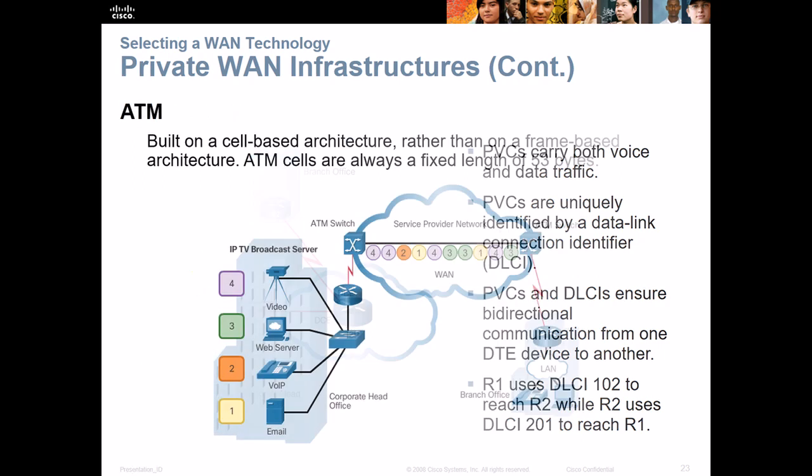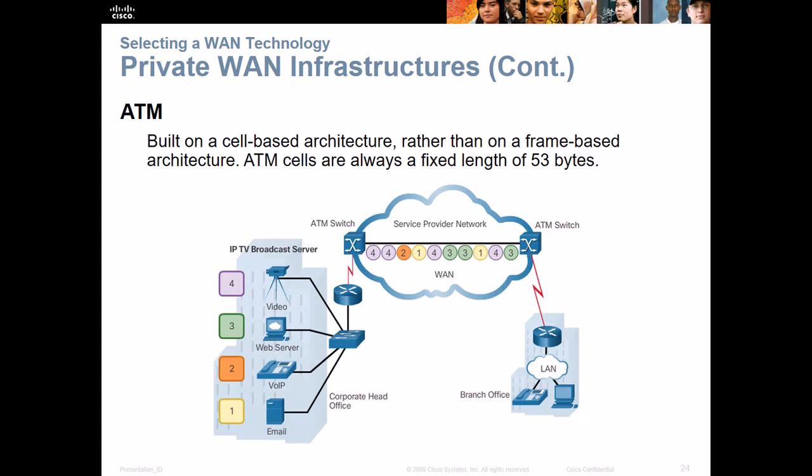All right, then you got the ATMs. ATM is asynchronous transfer mode. It uses cells, and what it does is it breaks up the data into very small cells, 53 bytes. 5 bytes is really for the control, and about 48 bytes is for the data.